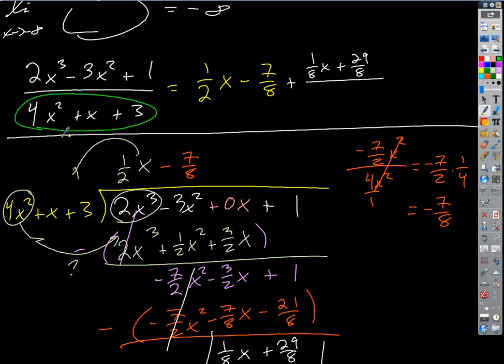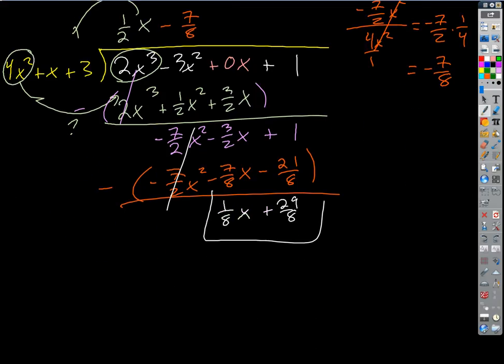Yes, sir. Why is that not negative 5/8? Did I screw up? For the 1/8 x, yeah? Oh, because 3 what should it be? Negative 5/8. Oh, yeah, what was I doing? I was thinking 3/4. I don't know what I was doing there.